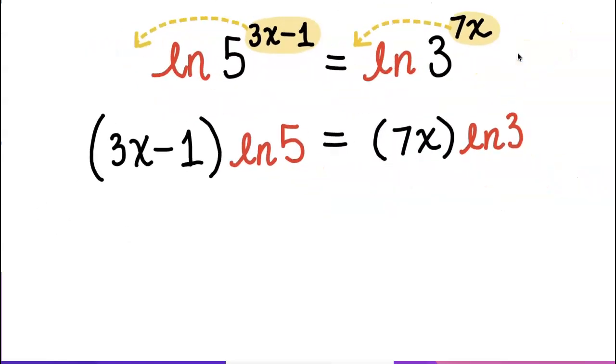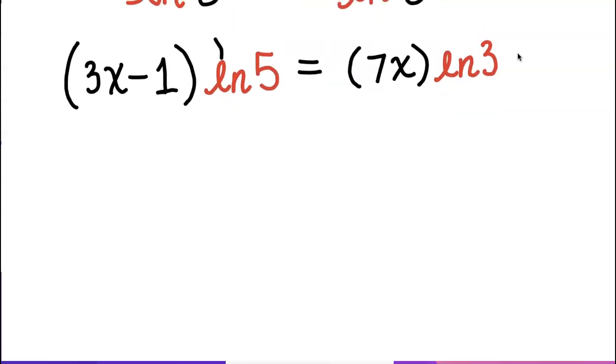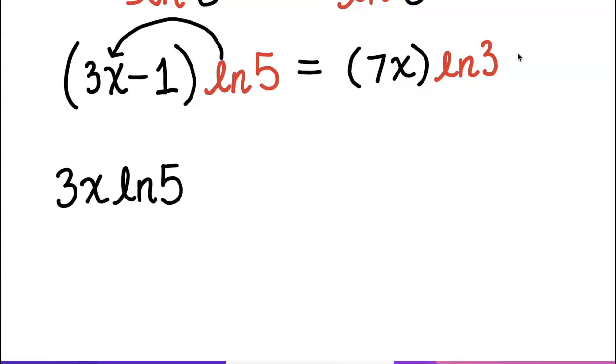All right, let us distribute the left-hand side. So when you distribute 3x minus 1 by natural log of 5, I'm doing 3x times natural log of 5. That will give us 3x ln 5. We're not really multiplying, we're just putting them next to each other, right? Next, when you multiply negative 1 times natural log of 5, that will give us negative 1 natural log of 5.